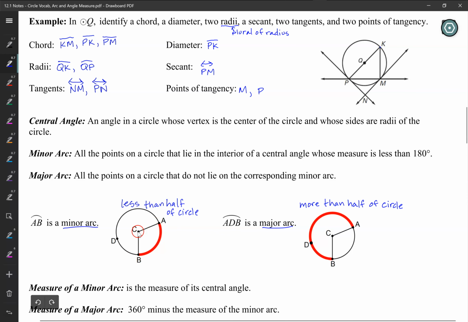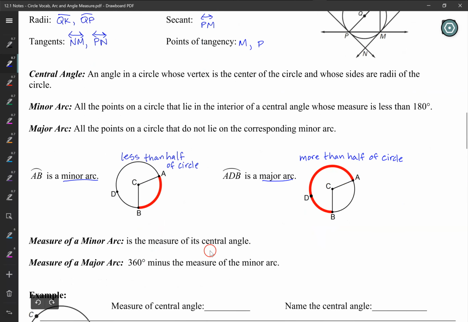That's called a central angle. Now, the measure of a minor arc, this arc measure right here, is equal to the measure of that angle right there.